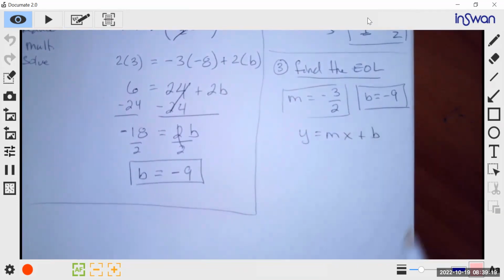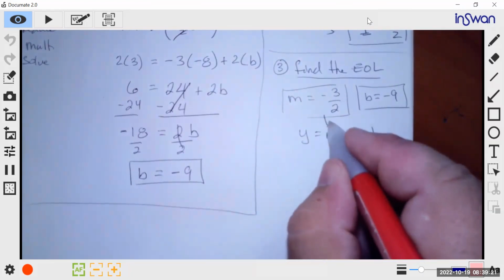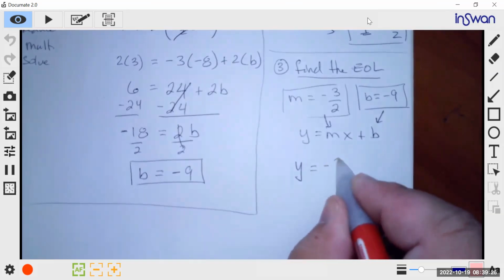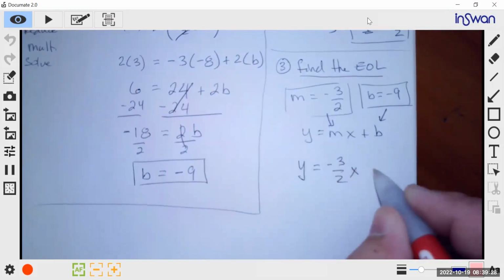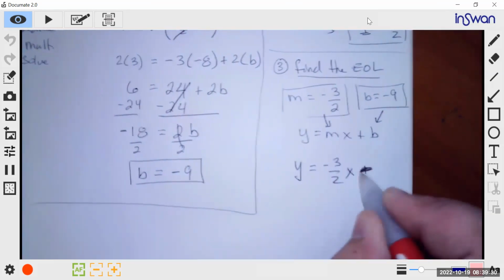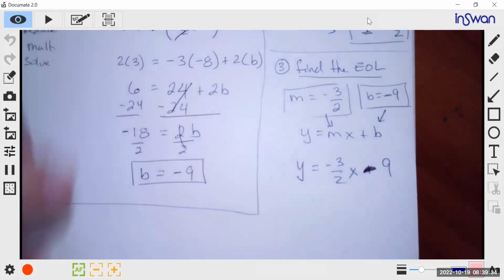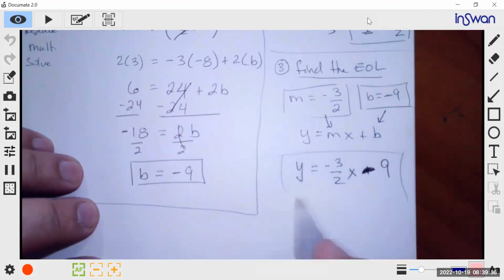Just plug it into y equals mx plus b. We had to just plug in m and b. -3/2x minus 9, since this is -9. And there's your equation. That's our answer.